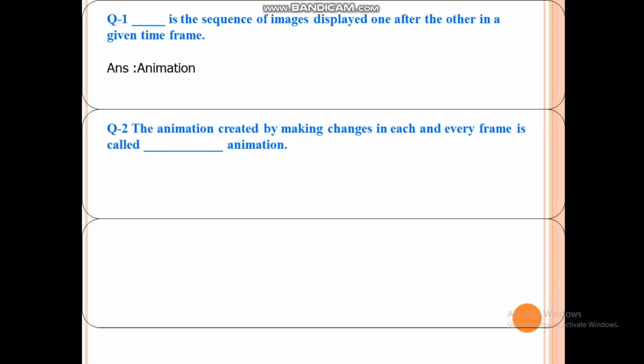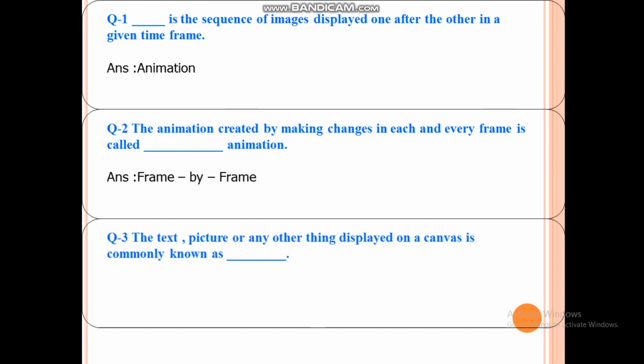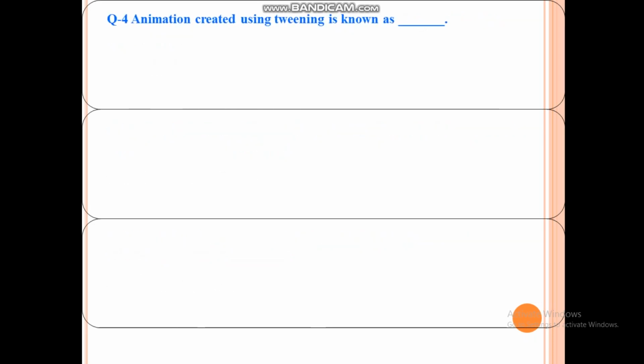Well, that is called frame by frame animation. Then the text, picture or any other thing displayed on a canvas is commonly known as, well, it is known as object. Then animation created using tweening is also known as cell animation. Remember, cell animation.